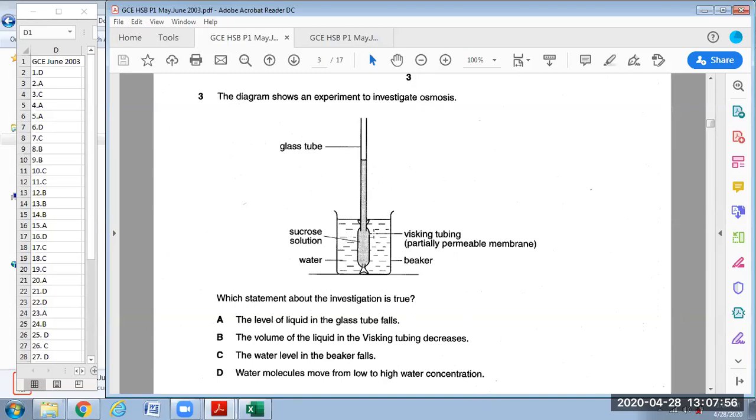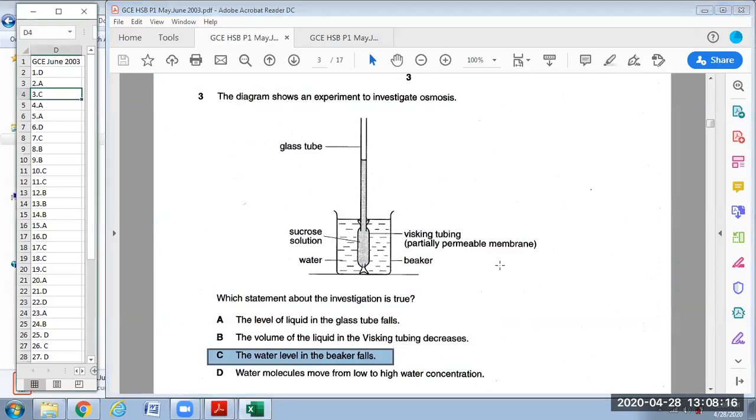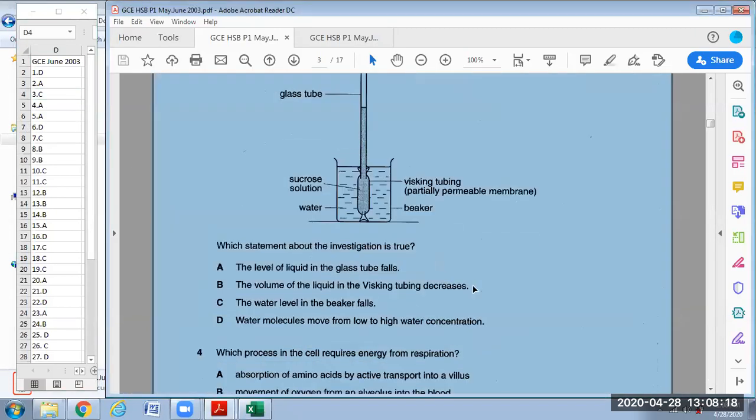Since this Visking tube has sucrose, a type of sugar, water from the beaker will enter the Visking tube. Therefore, the water level in the beaker will fall. So that answer is C. Correct your work.